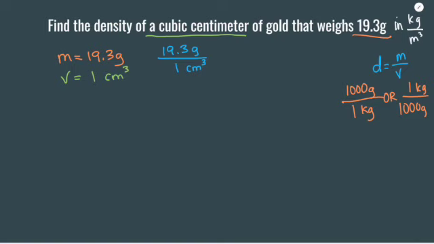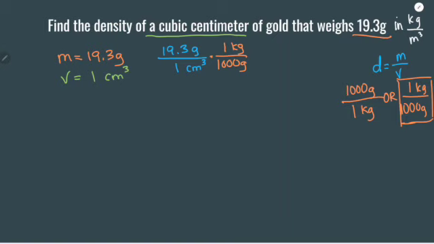Since I have grams on the top in my equation, I want grams to be on the bottom in my conversion rate. So I'm going to use this second option over here. It's going to be times 1 kilogram per 1,000 grams.